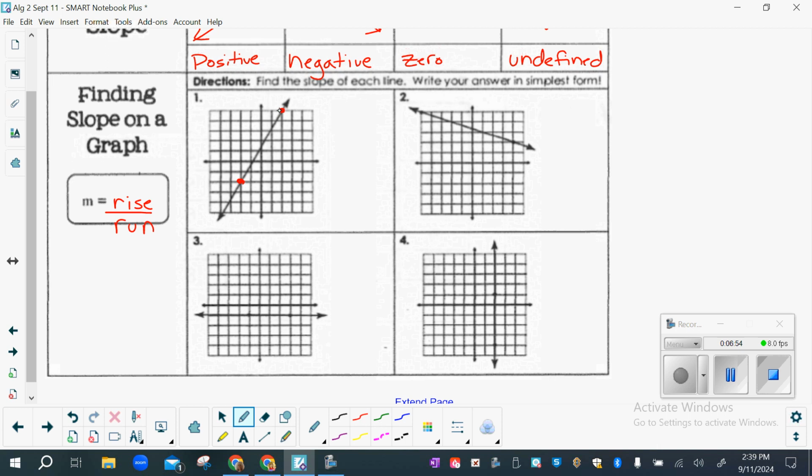I'm rising up, so I'm going up here. This would be 0, 1, 2, 3, 4, 5, 6, 7. Seven over 0, 1, 2, 3, 4. So my slope is 7/4. So what's the point on number 2?